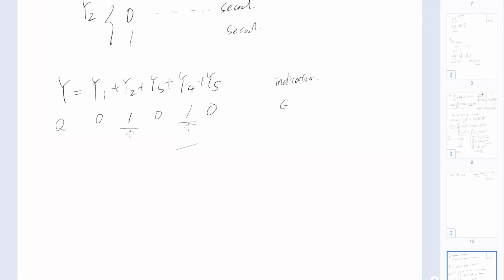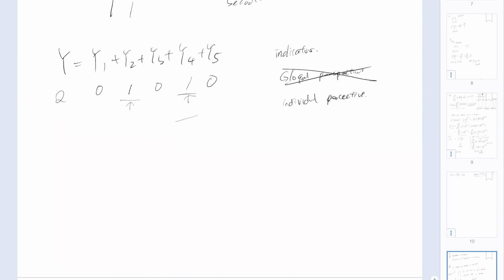Instead of looking from a global perspective, we are looking from certain individuals' perspective. So in this case, we look through the perspective of each card in my hand.